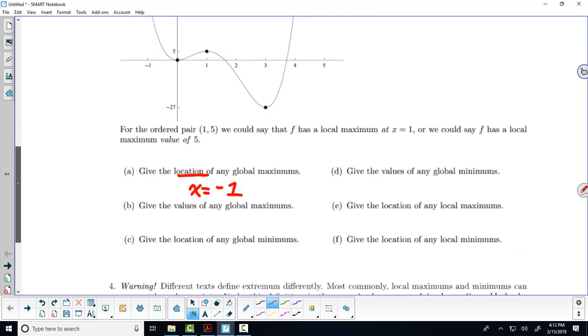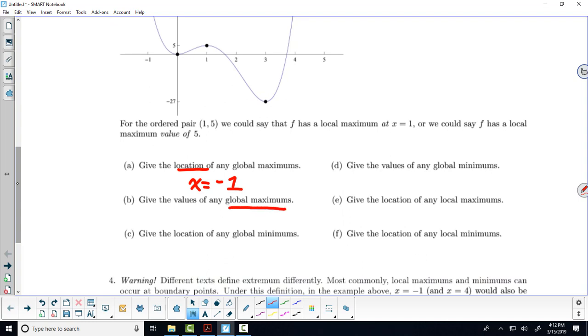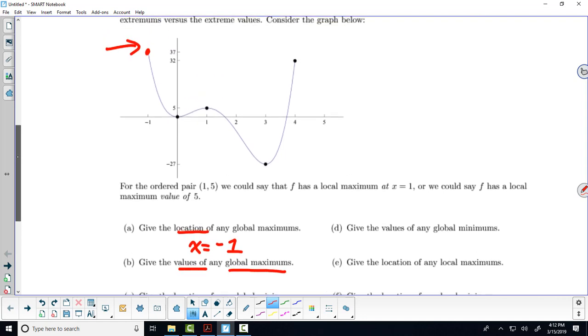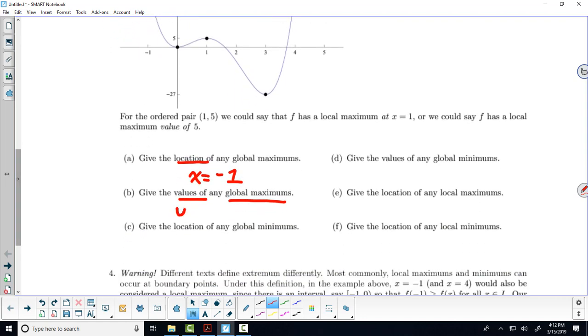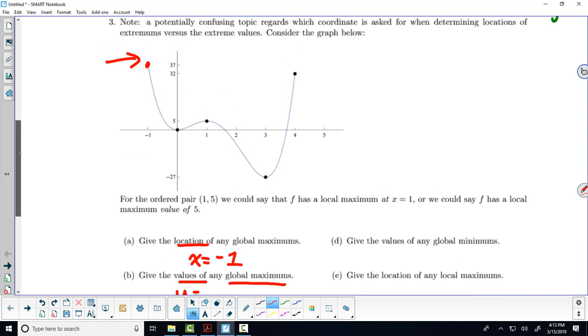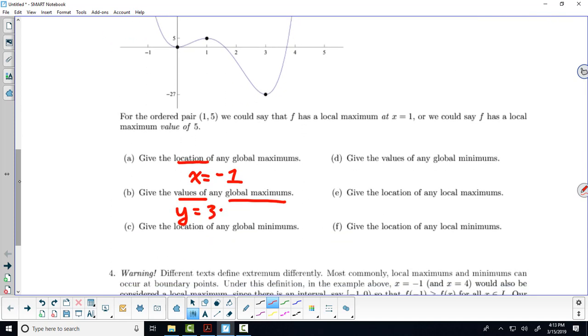If I asked you to give any global maximum values, then the global maximum value is the value y equals 37 here. The next question, part C, asks us to give the location of any global minimums. We have a global minimum at x equals 3.